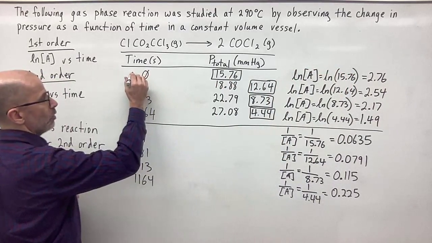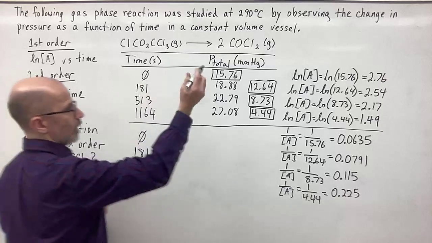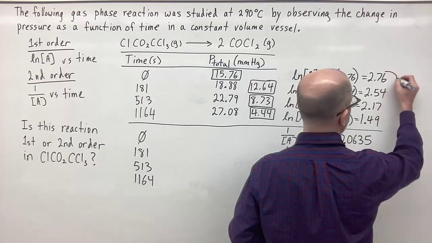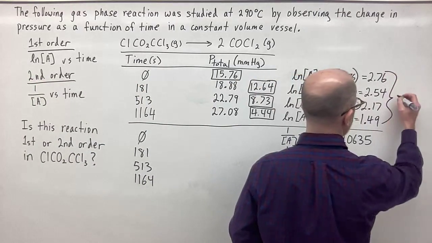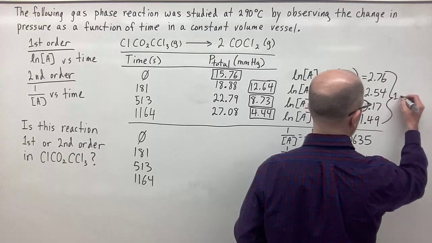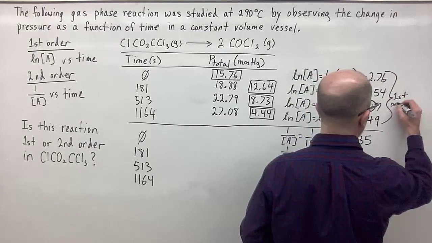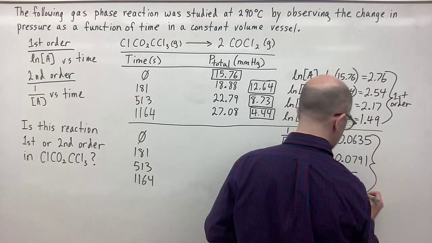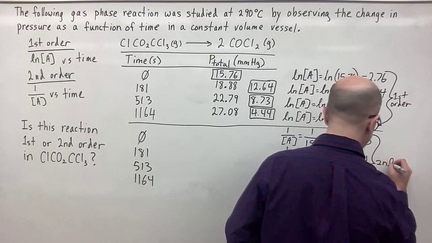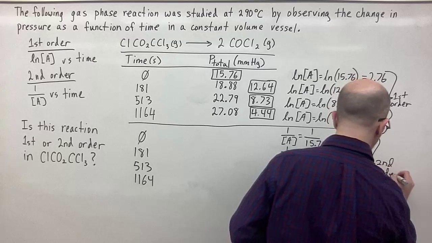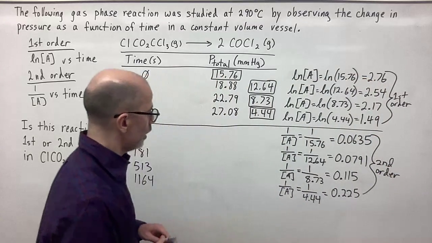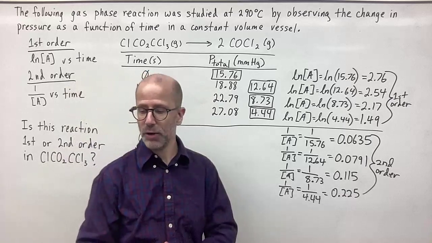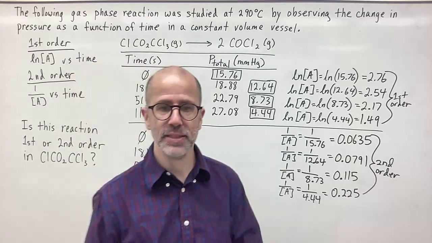Over here, this data is with respect to first order. And this is the data with respect to second order. Okay, so let me show you what I got when I did this myself.